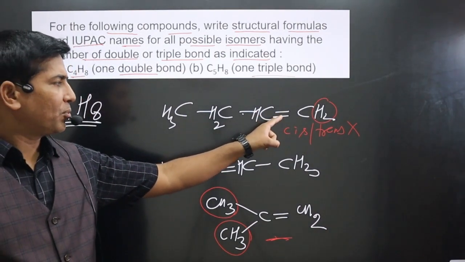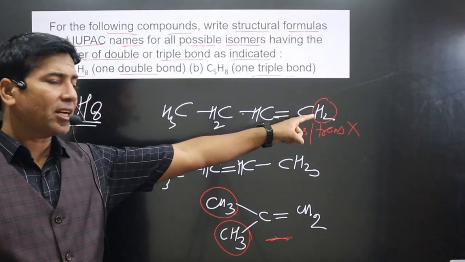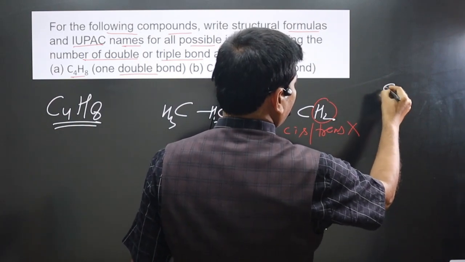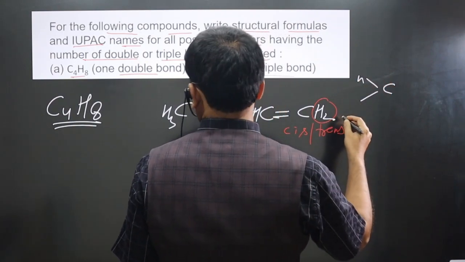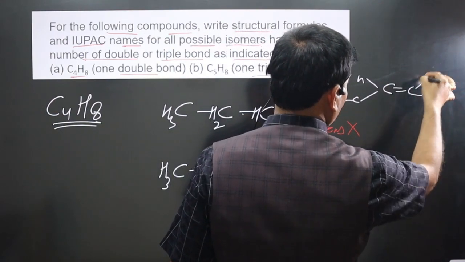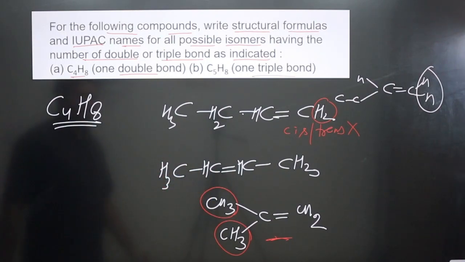Look at the double bond position: this side you can consider cis and trans, but this side you cannot. It will come like this: C double bond C with H and H; these two groups will be the same. But in the middle-double-bond compound you can consider cis and trans.